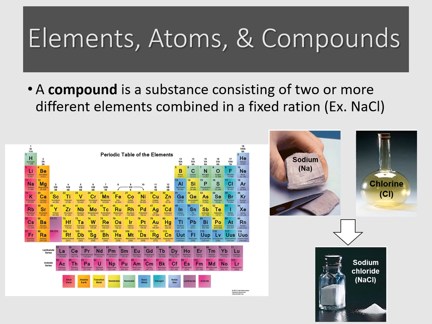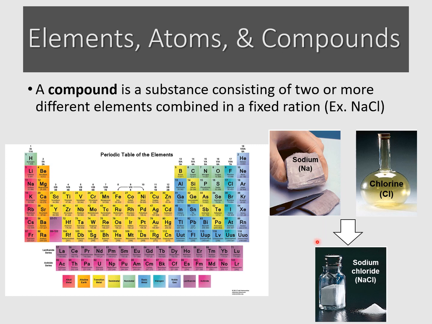Now what happens if we put these elements together? We're going to get a compound. A compound consists of two or more different elements. For example, if we take sodium, which is a metal and quite toxic, and we take chlorine, which is a liquid, and we combine them together, we get sodium chloride.